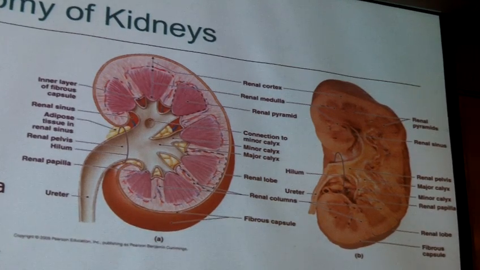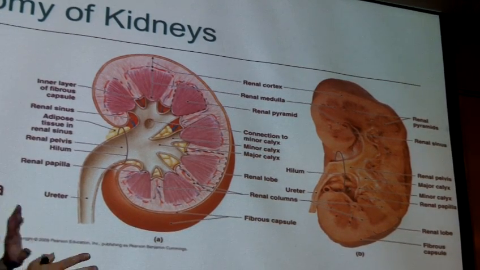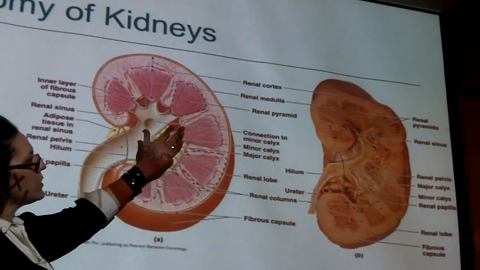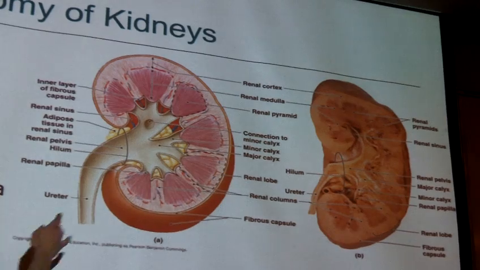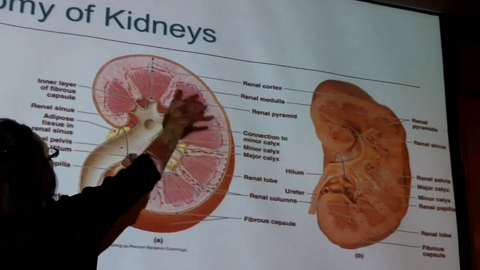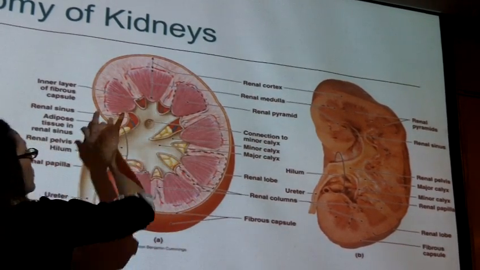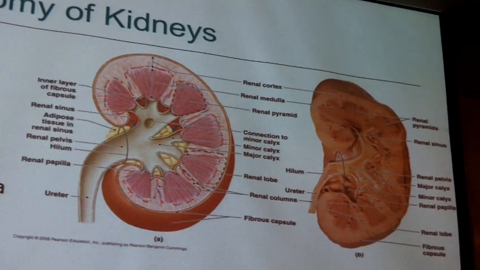We're going to look at those in a lot of detail. But every kidney is going to have about 1.5 million or so nephrons. And again, they'll be all here in the cortex and then in the renal pyramids in the medulla part.